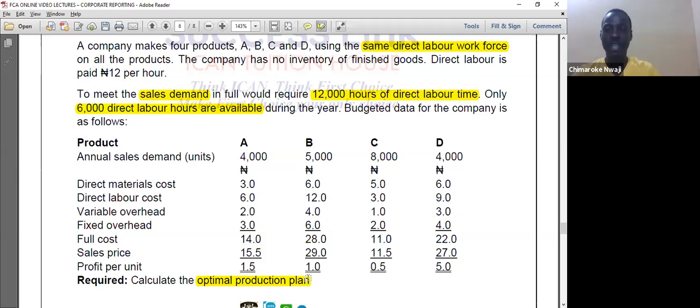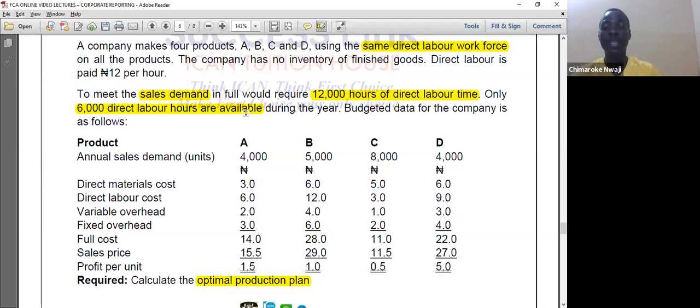But what they did here was to give you 2 sets of hints to show you that labor is your limiting factor. The biggest hint you should be watching out for is 6,000 direct labor hours are available. If they give you that, it means they have told you this is likely going to be the limiting factor.